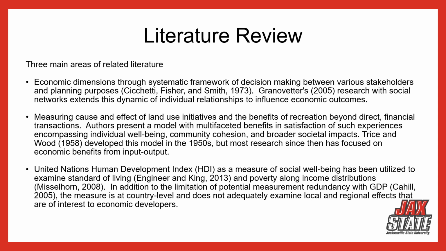The other part is measuring cause and effect of these land use areas, and a lot of this goes back to the 1950s, where there were some ideas discussed about community cohesion, individual well-being, and satisfaction, the things that we're looking at today with societal impact, that were brought forth back in the 1950s.